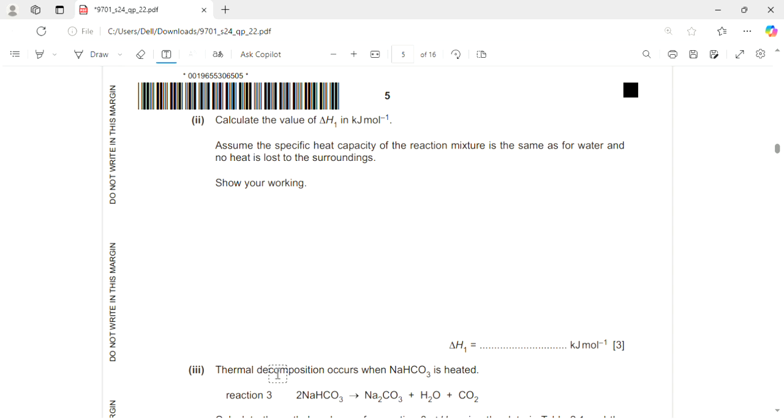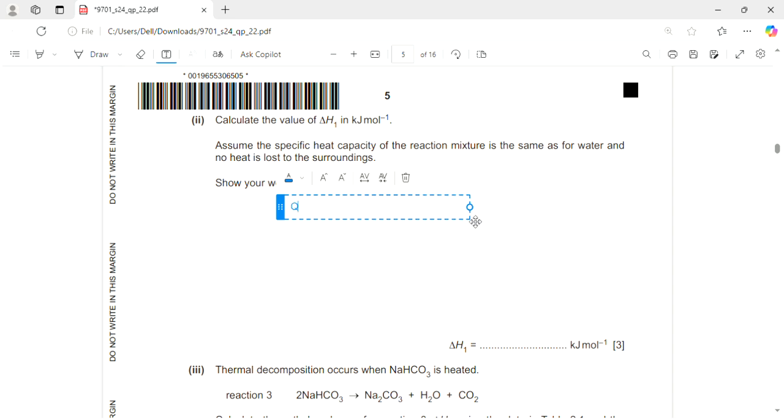Calculate the value of the delta H1 in kJ per mole. Assume the specific heat capacity of the reaction mixture is the same as for the water. So water is 4.18, I think, and there is no heat lost to the surrounding. So we must write the formula here.